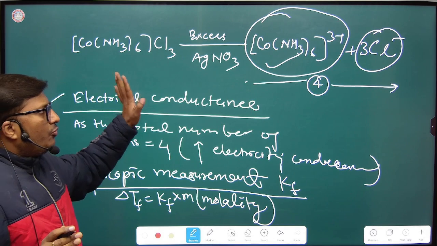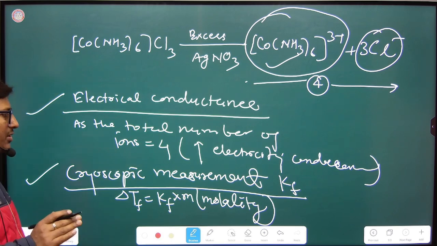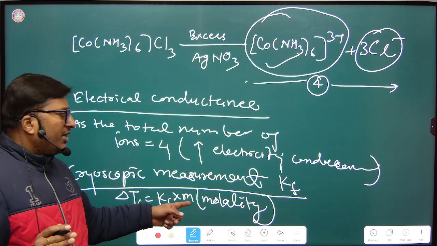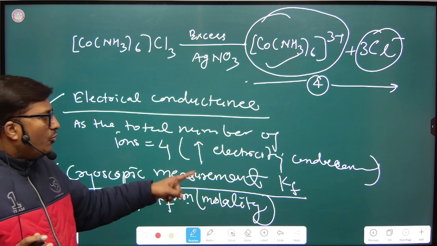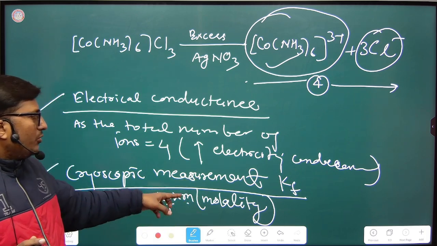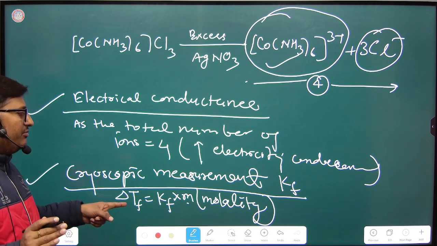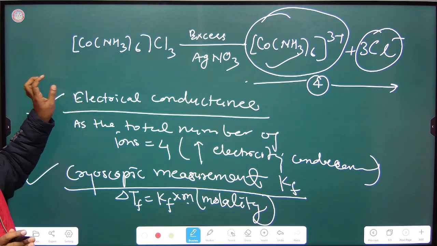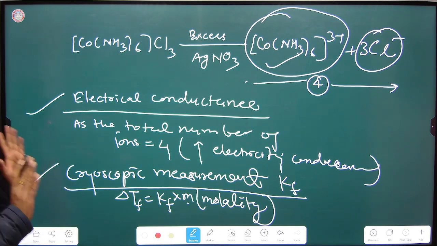Per mole of formula unit there are 4 particles. So the larger the value of molality, mole per kg, the greater will be the depression in freezing point. For this compound a rather high depression in freezing point was observed.